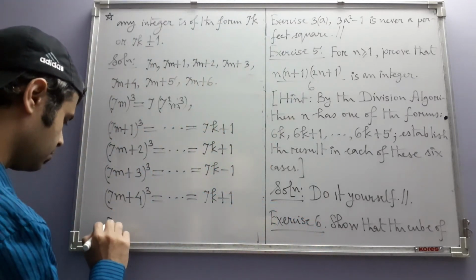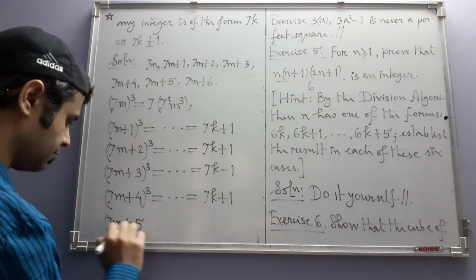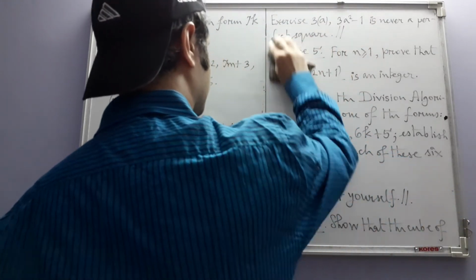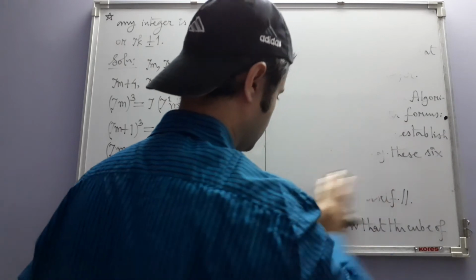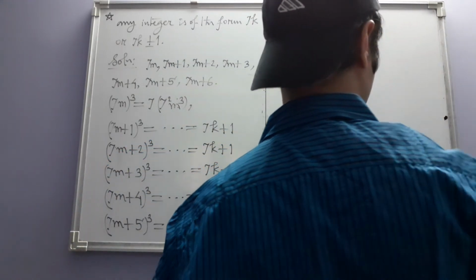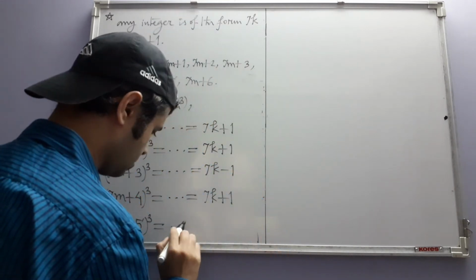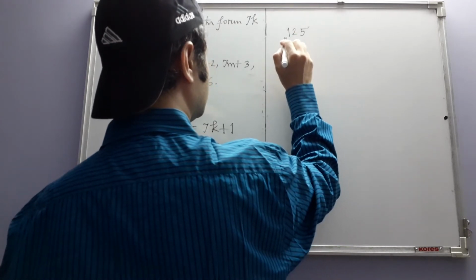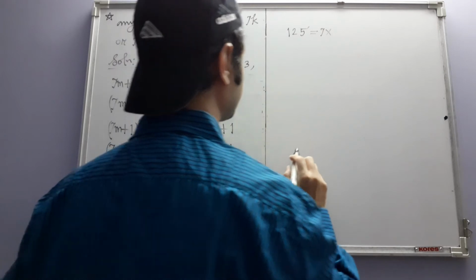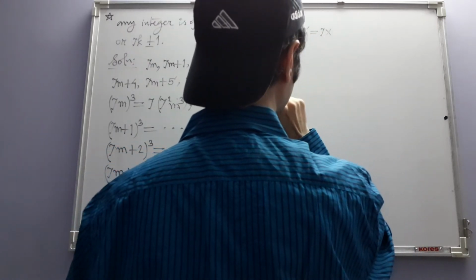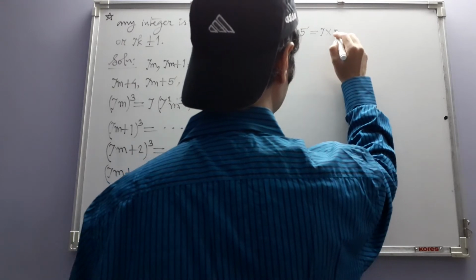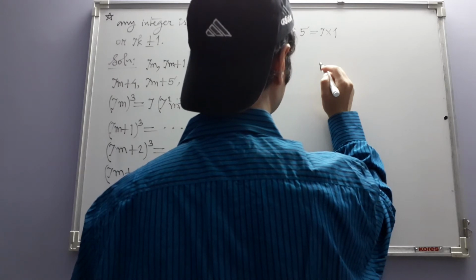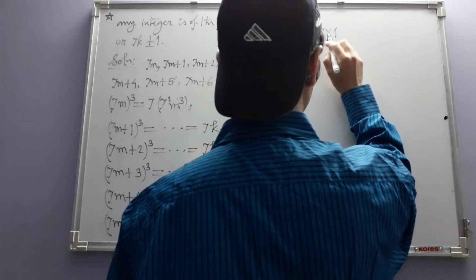Then 7m plus 5. Here we have 125. Okay, what is happening?